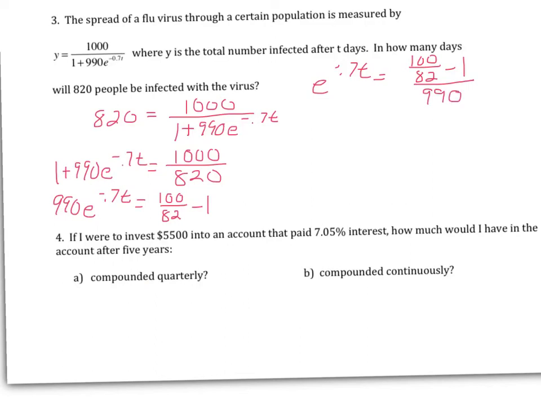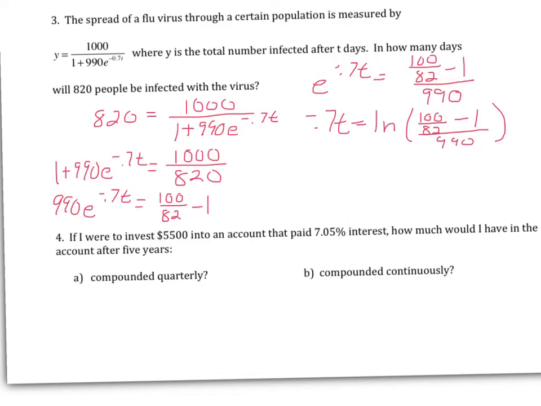And then to get rid of e, I'm going to take the natural log. So I have negative 0.7t equals the natural log of 100 over 82 minus 1 all over 990. And now I'm ready to take that and actually plug it into my calculator and get an answer.